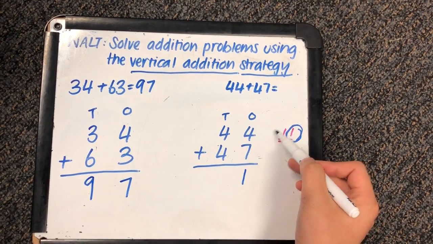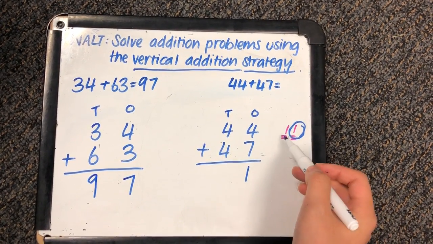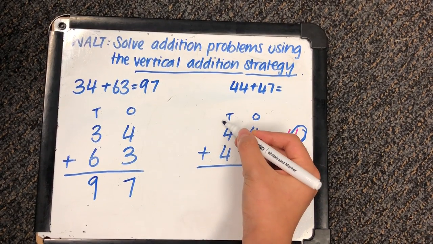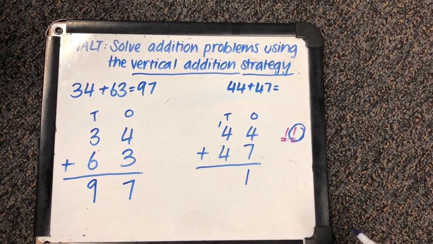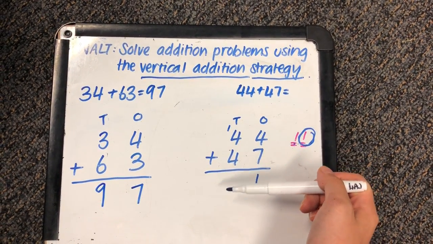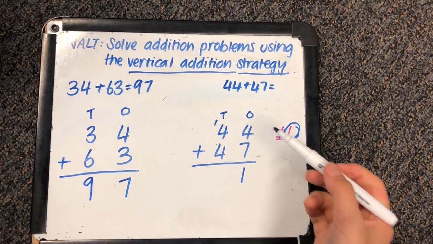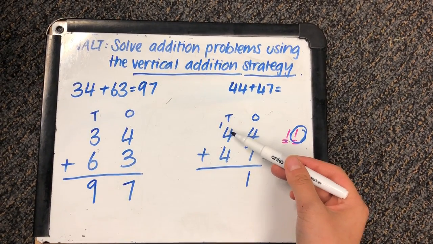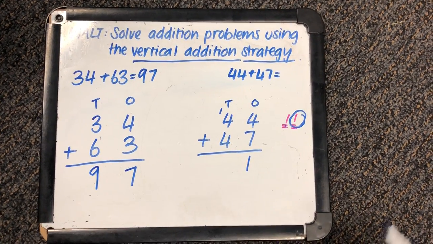And then I'm going to take this 10 that should go in the tens column and put it up here in the tens column. Because remember, all the ones need to go in the ones column and all the tens need to stay in the tens column.